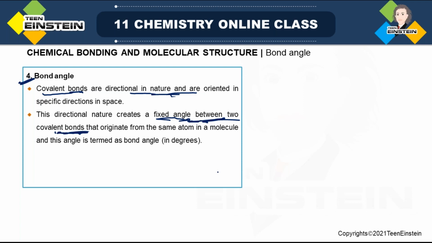These 2 covalent bonds originate from the same atom in a molecule, and this angle is termed bond angle. What does it mean to originate from the same atom? When we see the example, it will be clear.